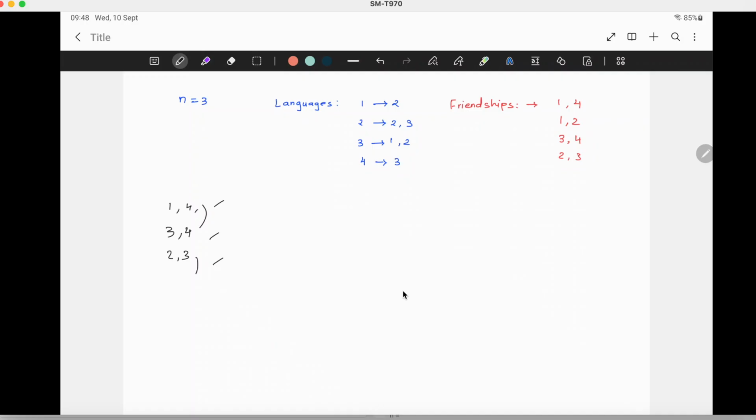Let us suppose we have three languages: one, two, three. From the pairs that we have, I figure out how many users speak each language.